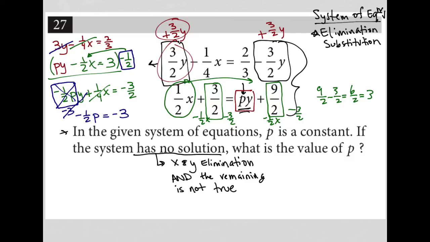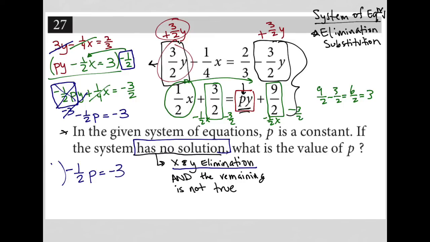Hopefully that makes sense. I need p to be a value that causes negative 1/2 p to equal negative 3 in order for both x and y to eliminate. And that is what we'll always see as the case when a system of equations has no solution. So all I really have to do to solve this is to solve this equation here.